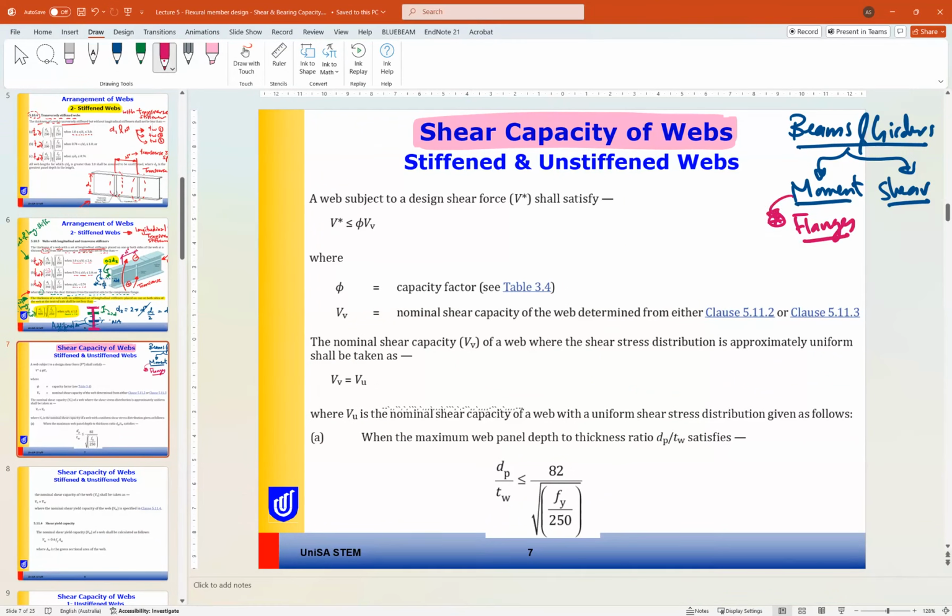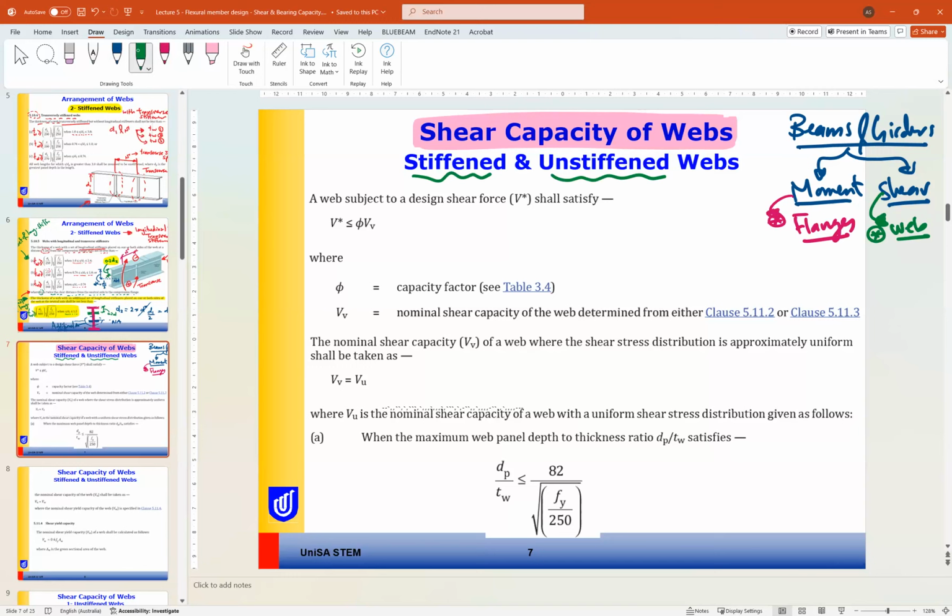So moment is resisted by flange. The shear is resisted by web. That's why, again, we are focusing on the web in this class or this lecture.